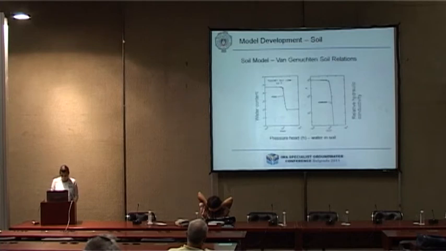Now, some insight into the soil model. The Van Genuchten equations include relations between the water content and pressure head, which you can see on the left side, and relative hydraulic conductivity and again pressure head on the right side. This is the typical shape of the curves.